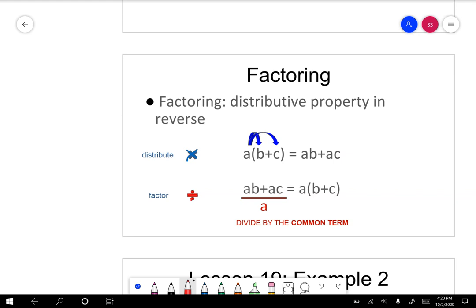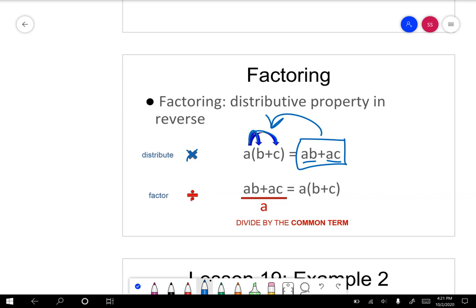So I have an example here of a times (b plus c). If we were to distribute that a, we're multiplying a times b, which would be ab, and we're multiplying a by c, which would be ac. Factoring would be the opposite.